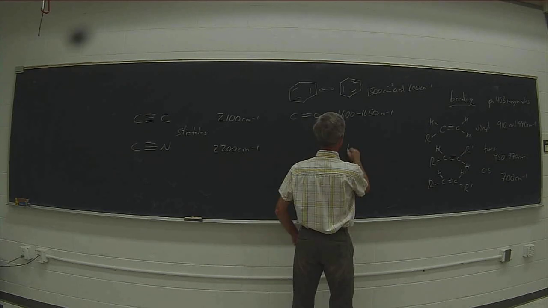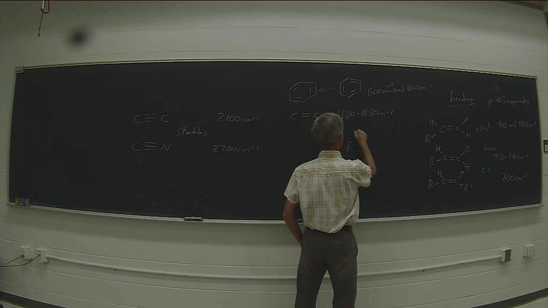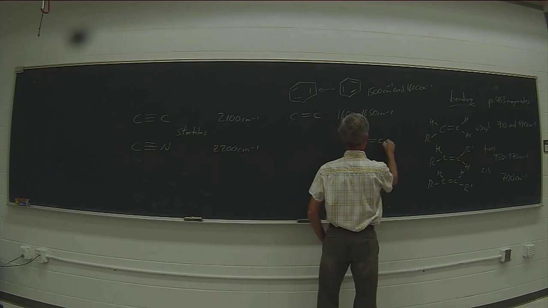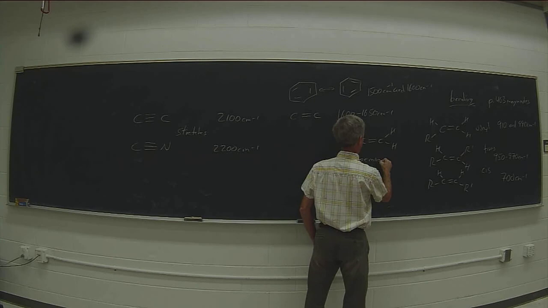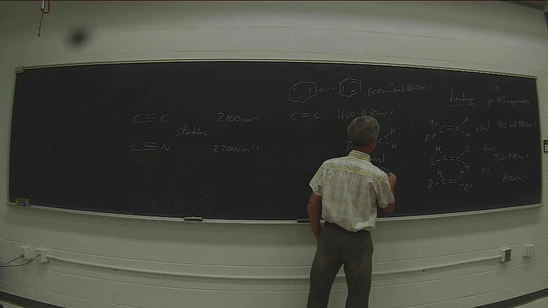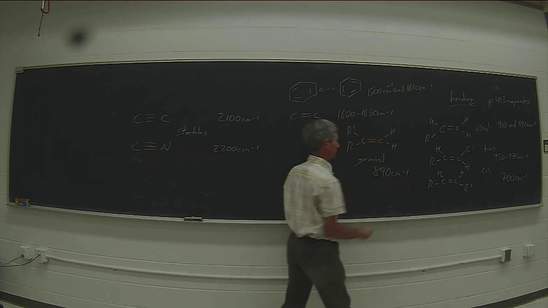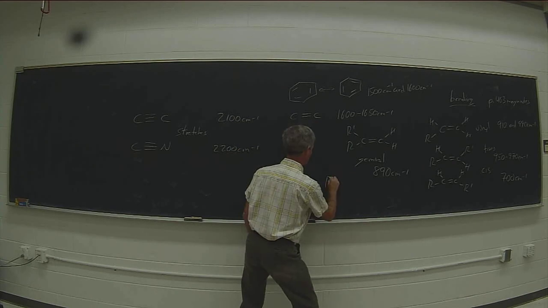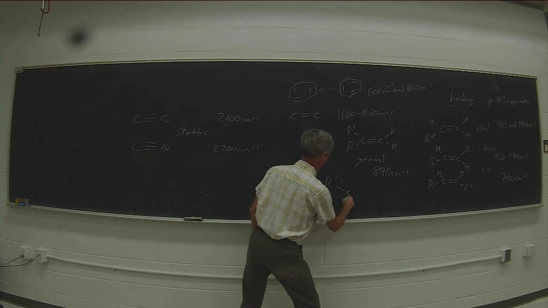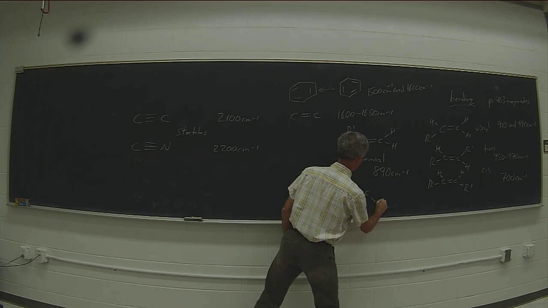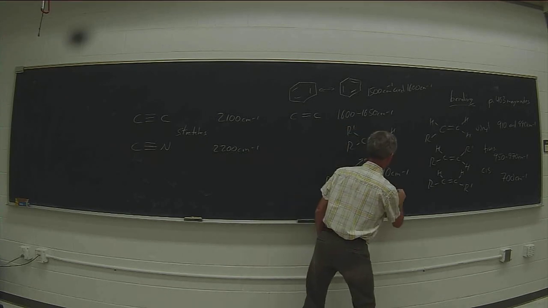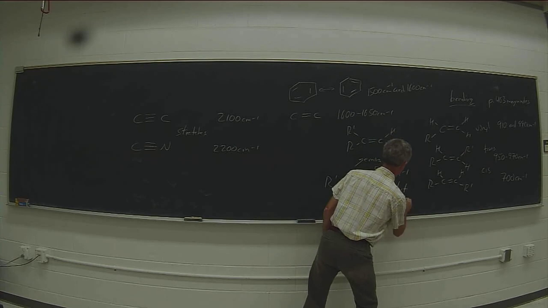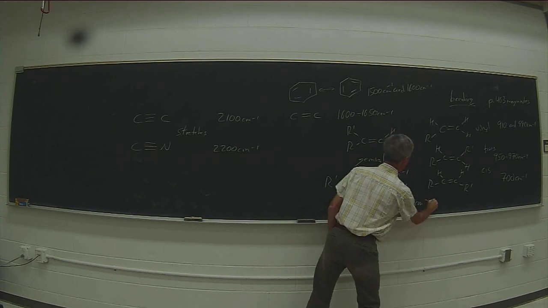A geminal substitution pattern shows a single peak at about 890 reciprocal centimeters, and a trisubstituted double bond generally shows a single peak at about 800.